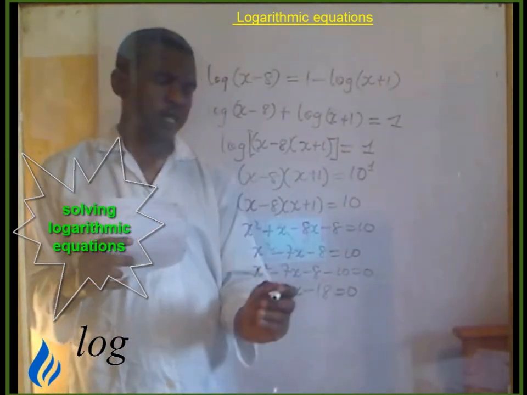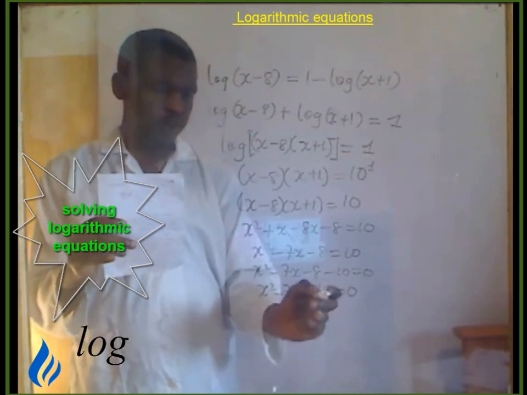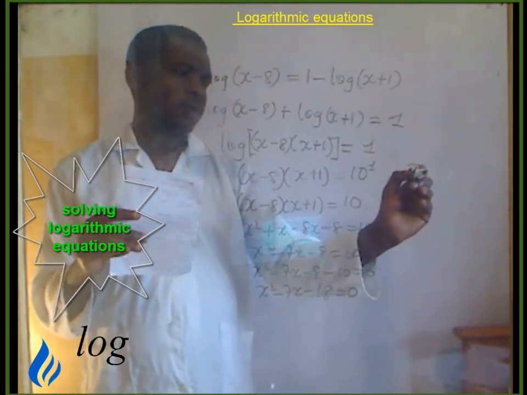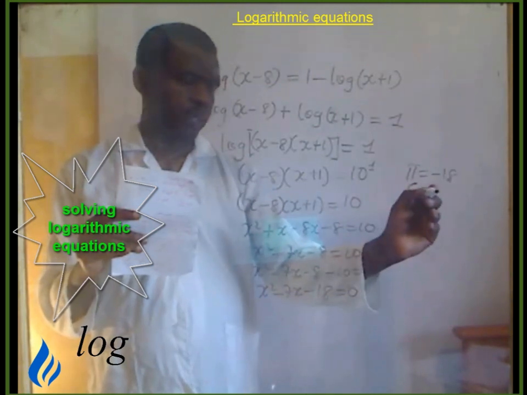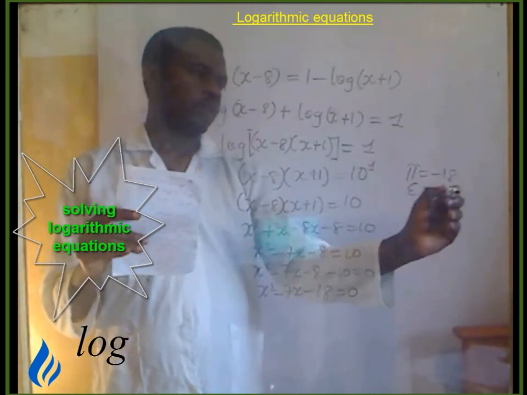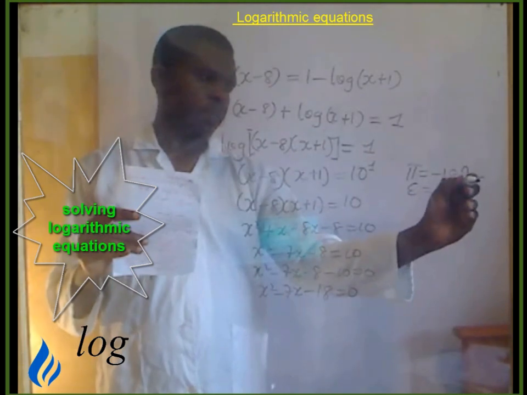Now, solving this quadratically, we look for two numbers that when multiplied will give us minus 18, and when added will give us minus 7. Those two numbers are minus 9 and 2.